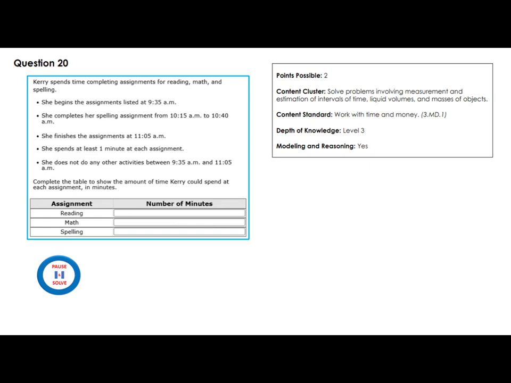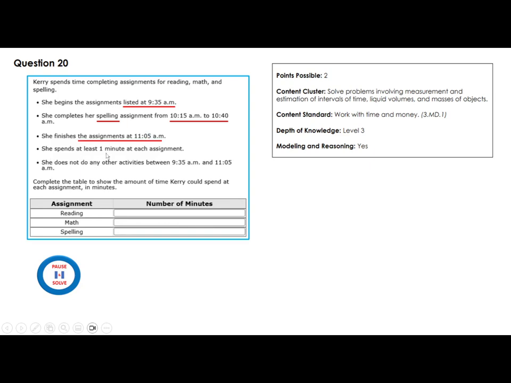Carrie spends time completing assignments for reading, math, and spelling. She begins the assignment listed at 9:35. She completes her spelling assignment from 10:15 to 10:40. She finishes the assignments at 11:05.